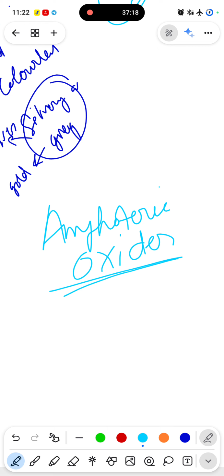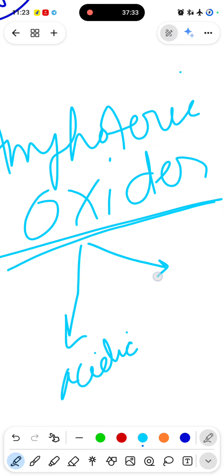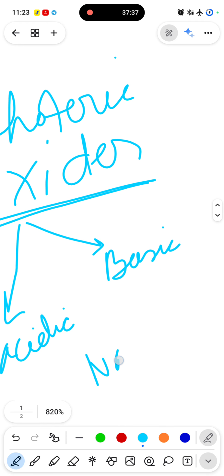So amphoteric oxides are metal oxides which show basic as well as acidic behavior. Means amphoteric oxides show both acidic as well as basic nature. I can give examples.